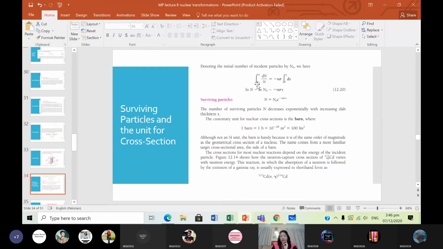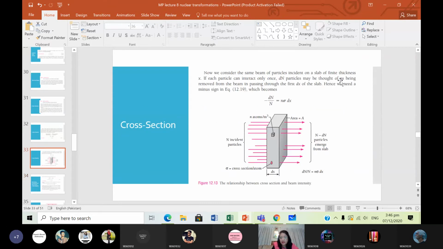We take the integration from 0 to x. Why are we considering x here? Where x is the thickness of the slab, from 0 to x.